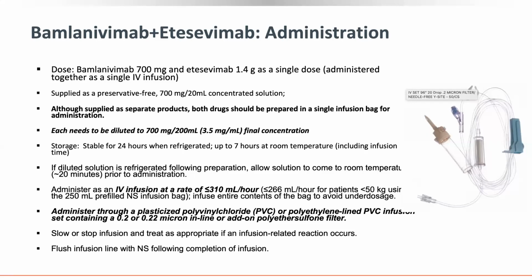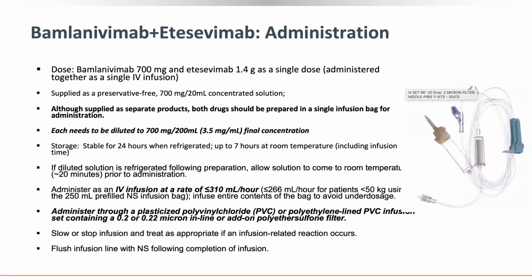So we have to give 3 of these, and we give them together. 700 milligrams of bamlanivimab and 1.4 grams of etesevimab. They are administered in a single infusion bag. Right now, we do not have the infusion bags coming, so it's the same infusions which we use.